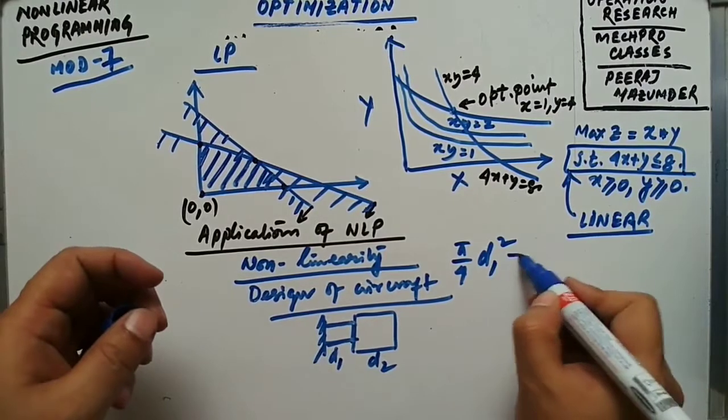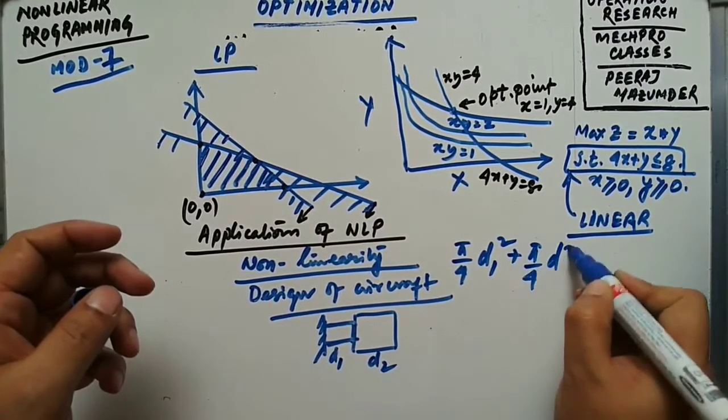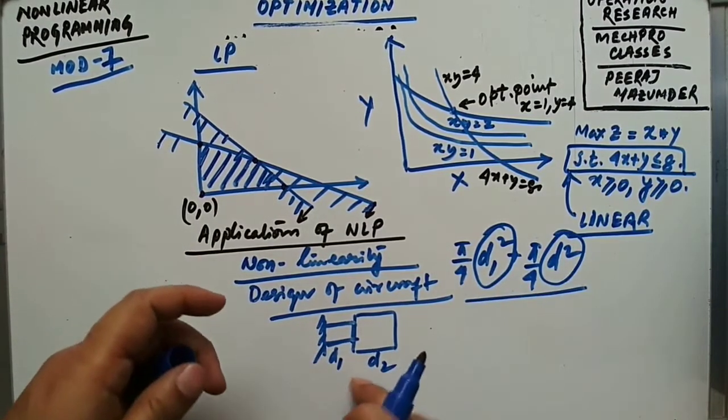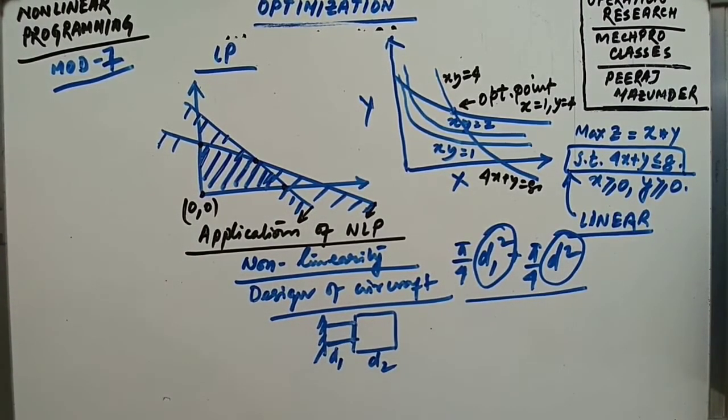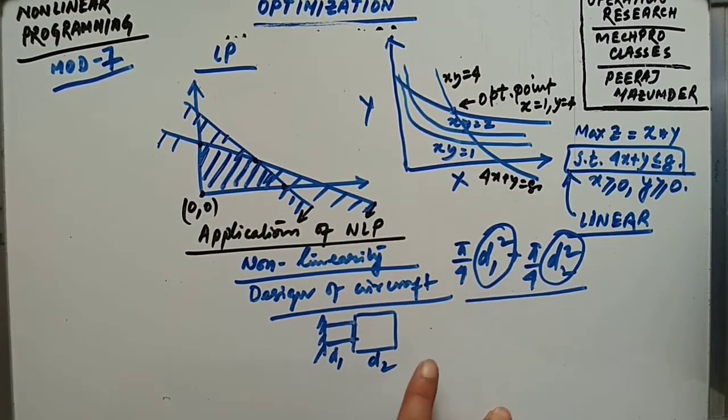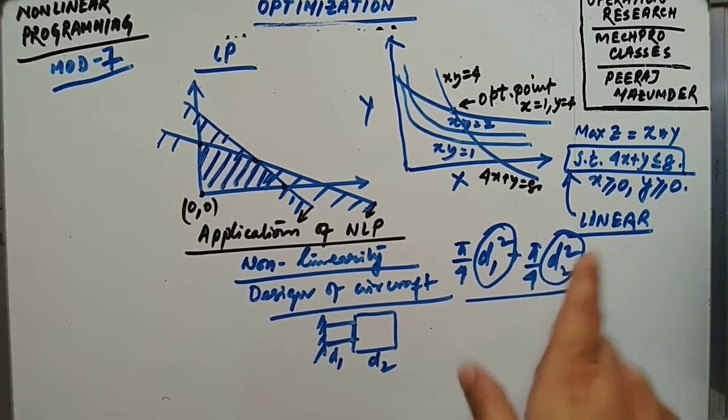So this is d1 square, we have to add again pi by 4 d2 square. So you can see the square terms are coming over here. This is a real problem I am showing you, just an example. We have to add the cross-section area of this one and this one. So this type of formulation is generally known as non-linear, because we are not having the decision variables in a linear manner. We are having decision variables in a non-linear manner.